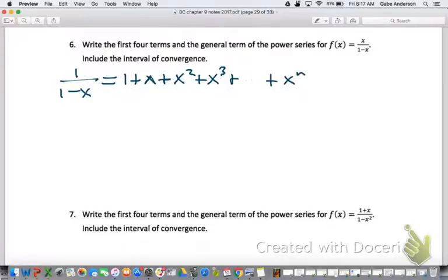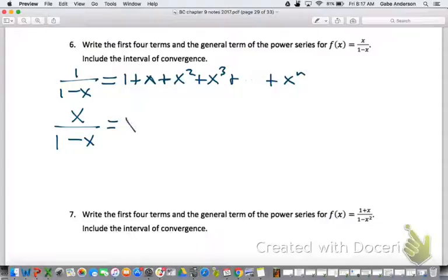And so then what they've done is they've multiplied that 1 over 1 minus x by x. You are perfectly allowed to do that as long as you do the exact same thing to the other side. So we could then write x over 1 minus x equals, I'll just multiply every single term on the right, including the nth term, by x.